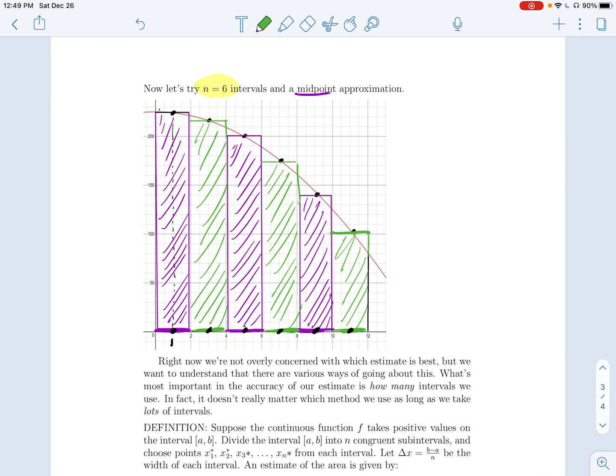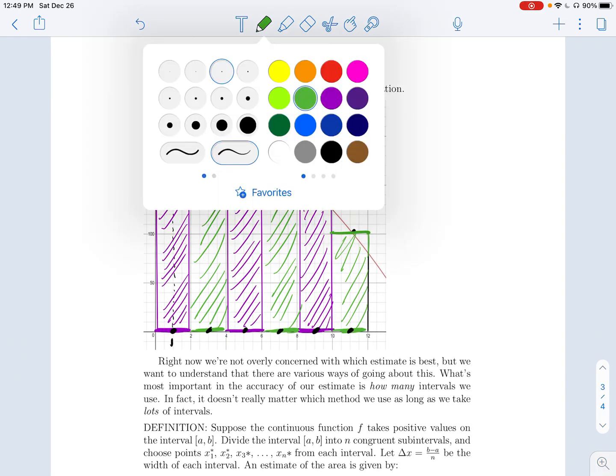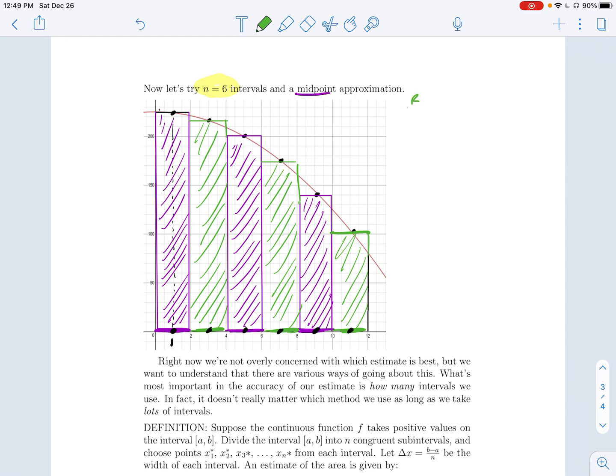So what have we got here? My first rectangle. So all of my rectangles, here, I'm not even going to label them. They all have a base that's 2 units wide. For the height, it would be f of 1, f of 3, f of 5, f of 7, f of 9, and f of 11.